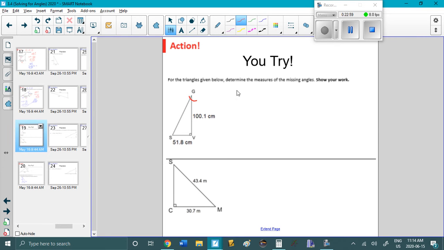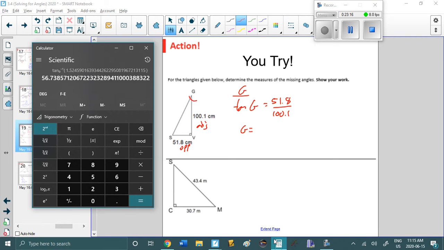Okay, so angle G. So we've got the opposite and the adjacent. And if we're looking at SOHCAHTOA, this would be tan G is the opposite divided by the adjacent.